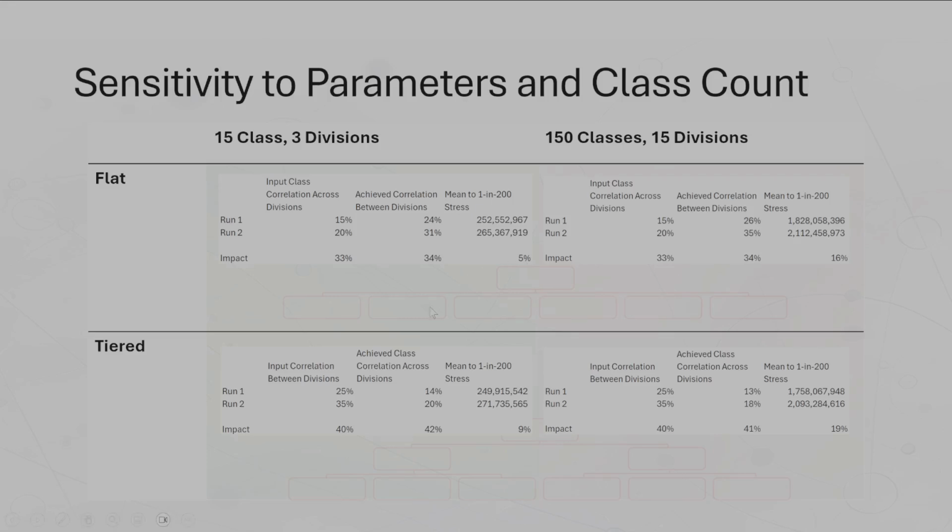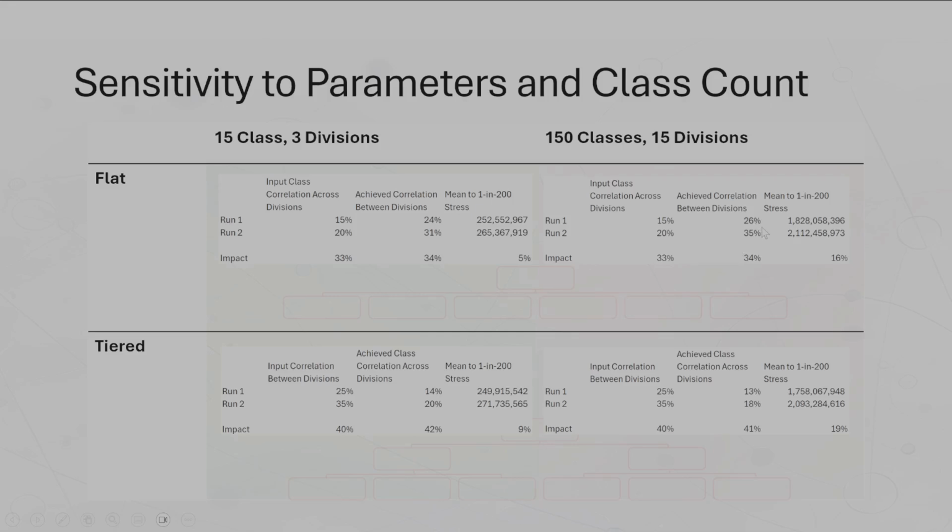Now, if we compare that to what happens when we're running on many more classes, do these relationships change at all as we suddenly have a much larger model with 150 classes and 15 divisions? So we're doing exactly the same input change. The correlation that we're imposing between classes that are in different divisions is still just increasing from 15 to 20%.